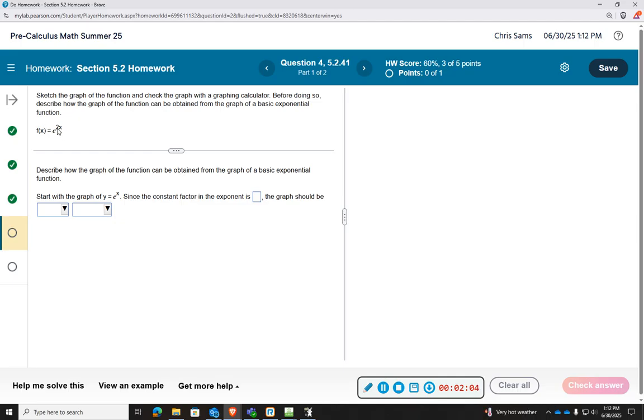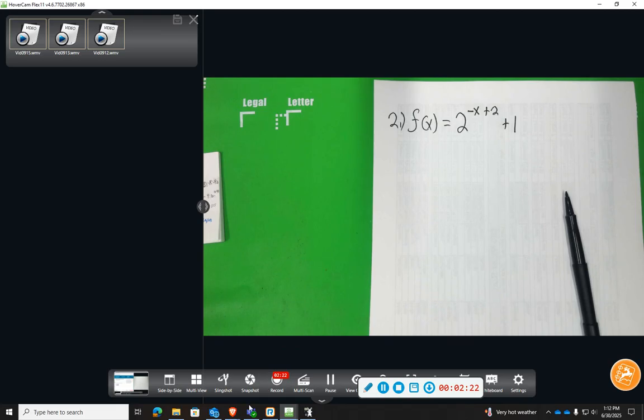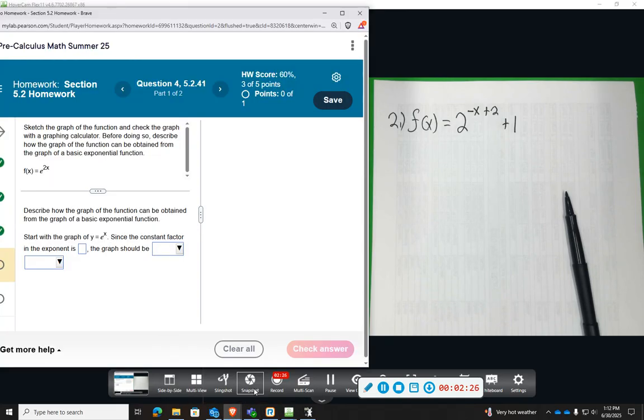I describe with my students, anything you see with x is going to be opposite. So it looks like it's being multiplied by 2, but what's actually happening is you're going to divide by 2 or multiply by half. The way you really see what's going on with the x is think about taking a basic equation.